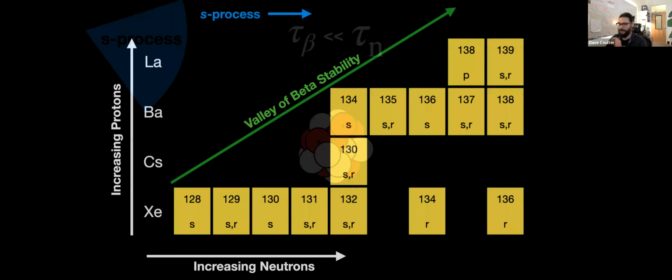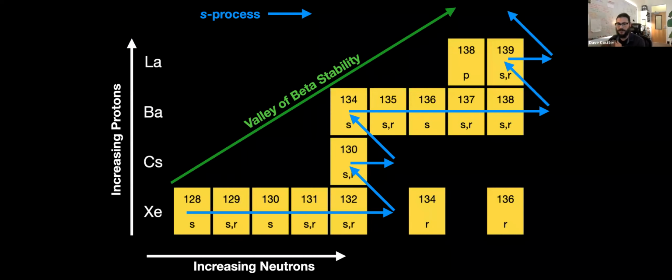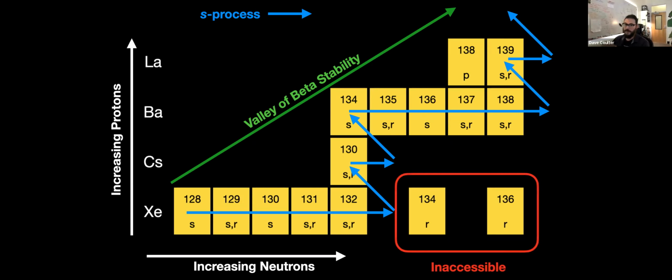The consequence of this is that as a nucleus is taking on neutrons, it will quickly decay to stability if it's unstable, and you hew close to this valley of beta stability. What that means, though, is that there are heavy isotopes that are inaccessible to this kind of nucleosynthetic path.